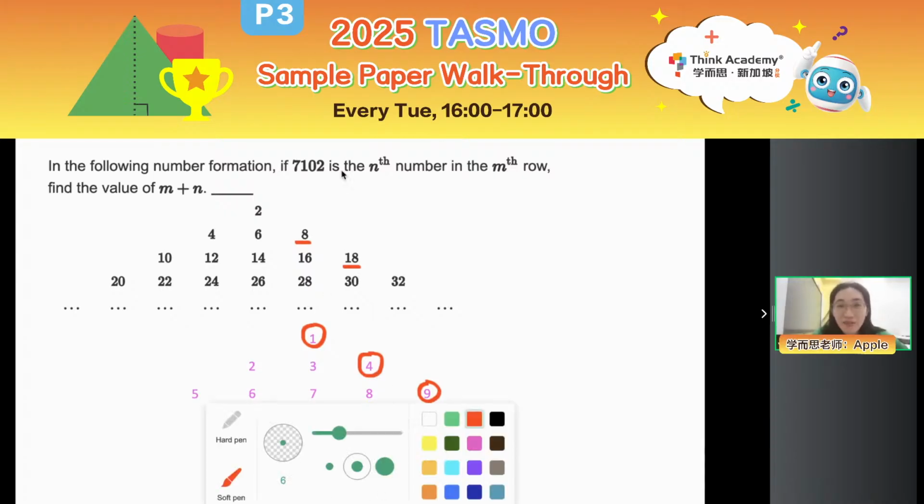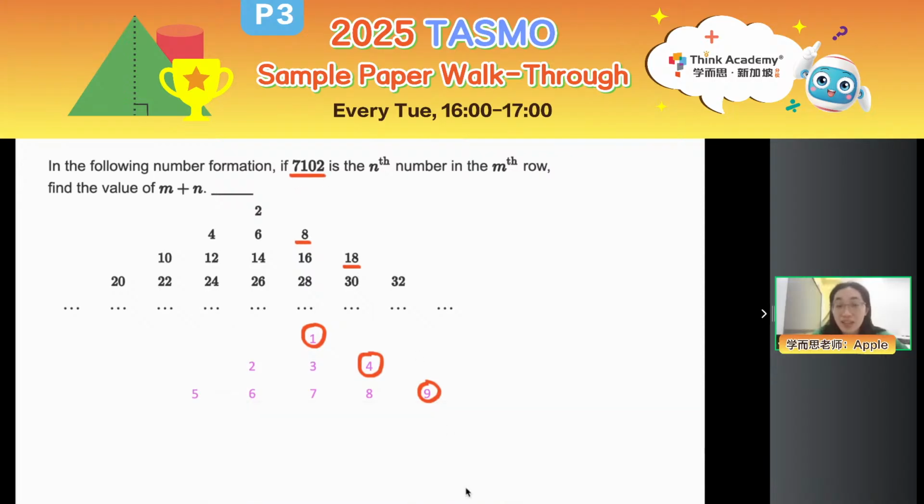So how can I figure out where is 7,102? Well, for the first thing, I should divide it by 2, right? Okay, divided by 2, then you will get 3,551. Now, we turn the question into where is 3,551 in my new number formation?